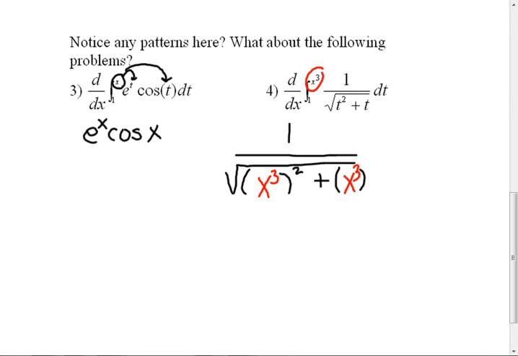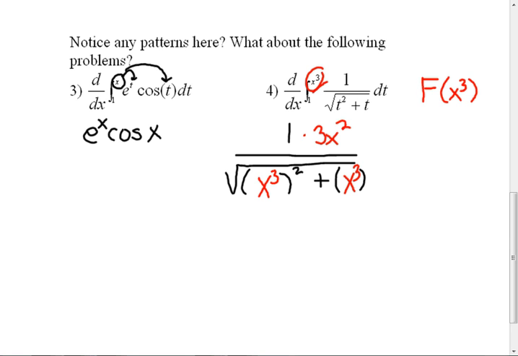Remember, if you did integrate this, you would have some function with an x cubed in it. You have to do the chain rule when you differentiate. So it's times what? The derivative of the upper limit, which is 3x squared. Because if you were to integrate this, you would have some function of x cubed.